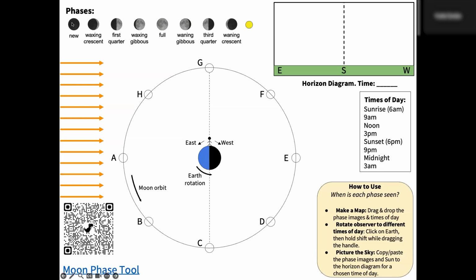So you're going to be able to drag the phases to the order that you think they're in. You can also rotate the observer to certain points and then copy paste phase images of the sun and think about where the sun must be in the sky. So if you're having trouble with a homework question, something like that, go to this sheet, start playing around with it, see if you can figure out the answer. It can get pretty complicated if you're just trying to do it all in your head.